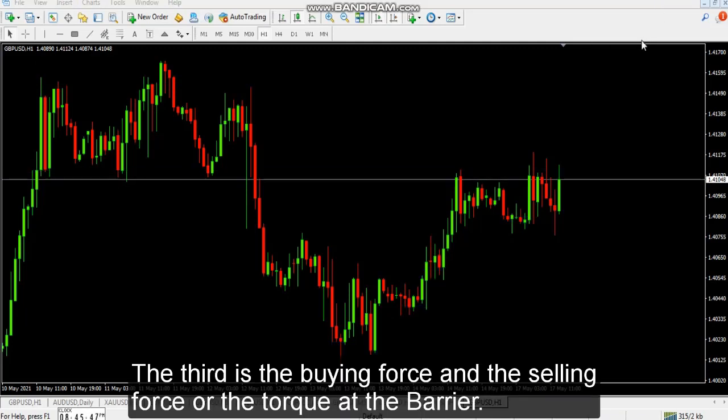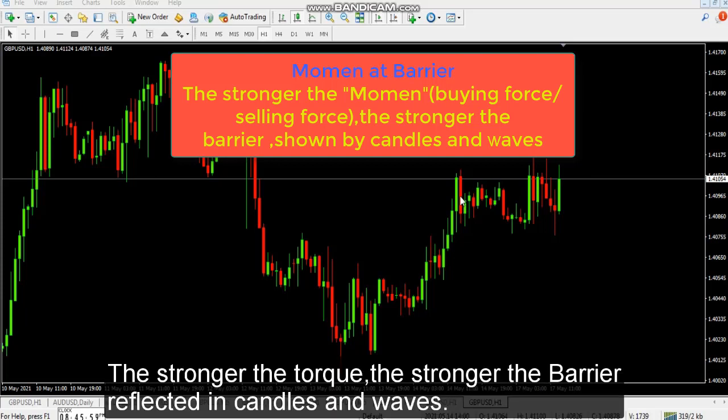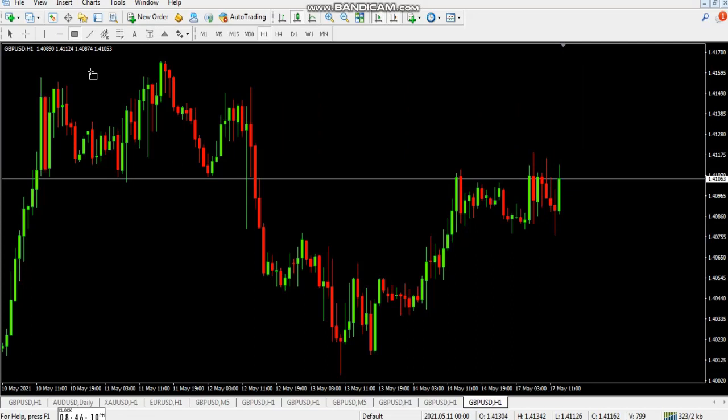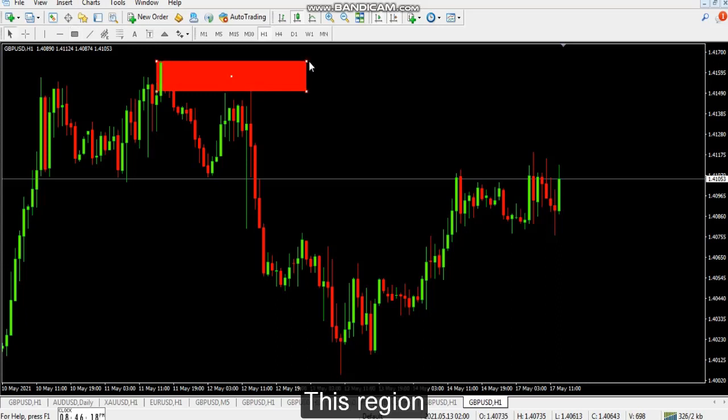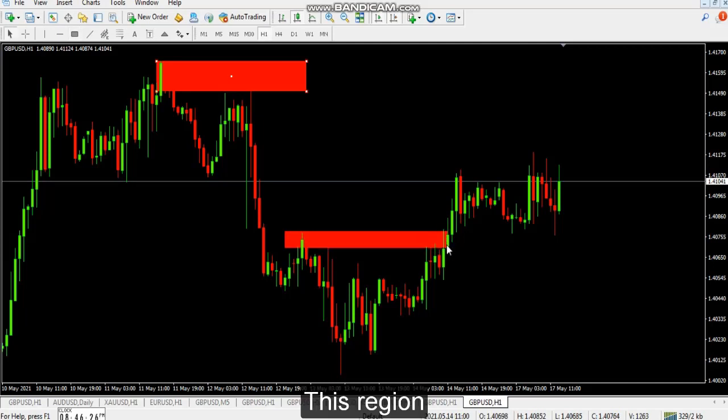The third is the buying force and the selling force of the price at the barriers. The stronger the force, the stronger the barrier, reflected in the candles and swings.